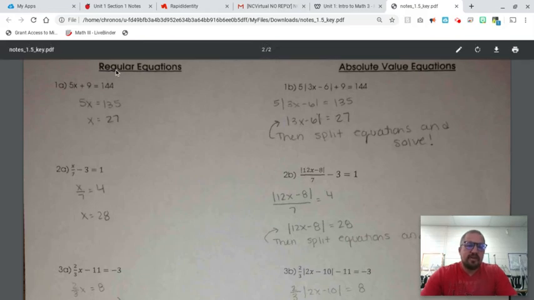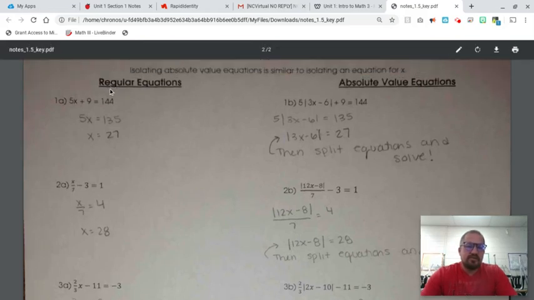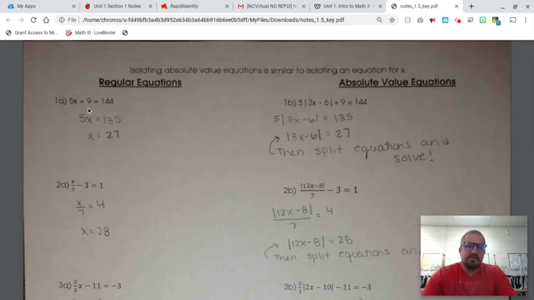If we want to just look at the regular equations first, look at the left side of this screen and fill that in. In a regular equation, you have 5x plus 9 equals 144. Step 1 of this two-step equation is to subtract 9.